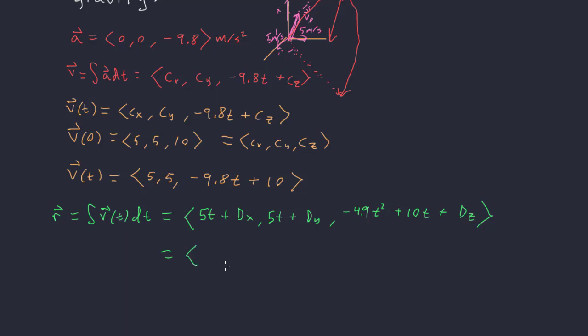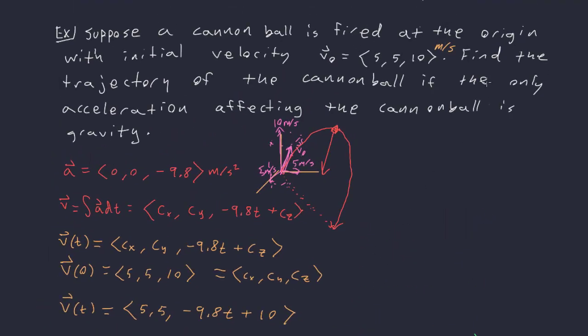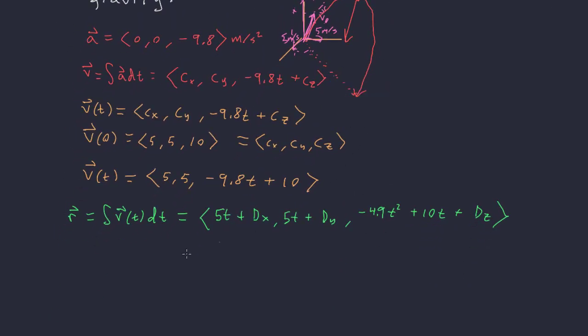All right, and then once again, we're going to solve for our arbitrary constants. Now we're firing this from the origin. So if we fire it from the origin, that's 0, 0, 0. So r of 0 should be 0, 0, 0, which implies that dx, dy, and dz are all 0.